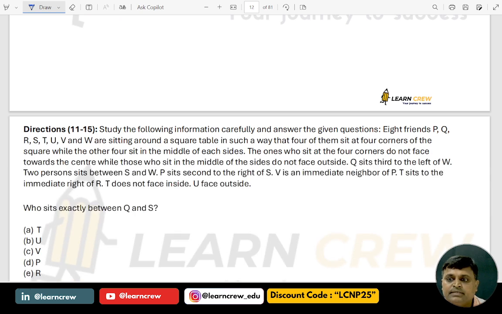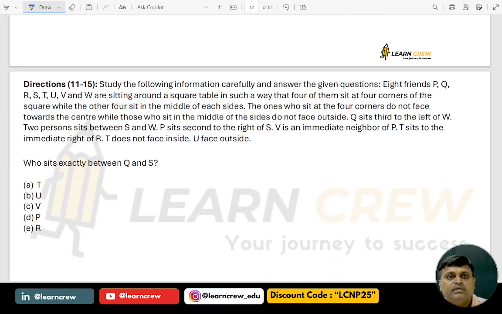Now next, see here, a small puzzle is there. 8 friends P, Q, R, S, T, U, V and W are sitting around a square table in such a way that 4 of them sit at 4 corners of the square table and the other 4 sit in the middle of the sides.